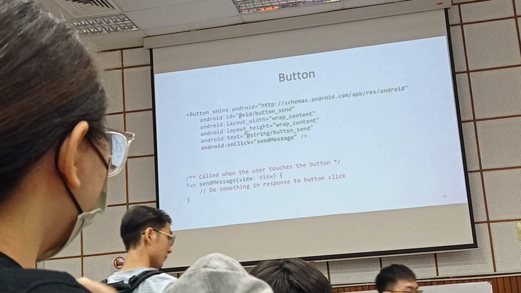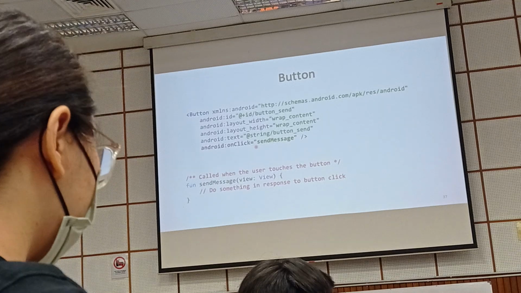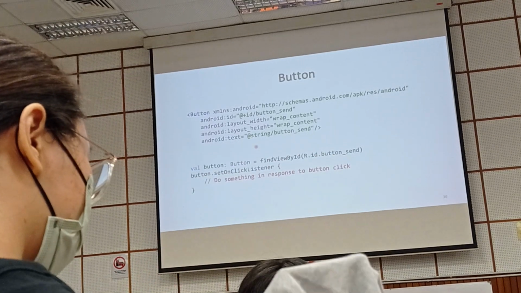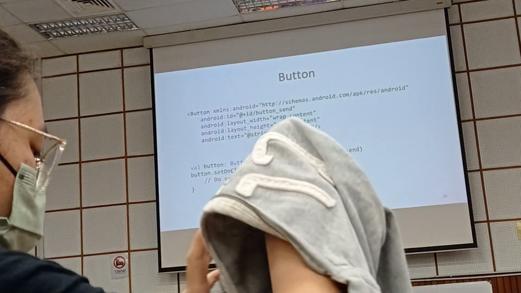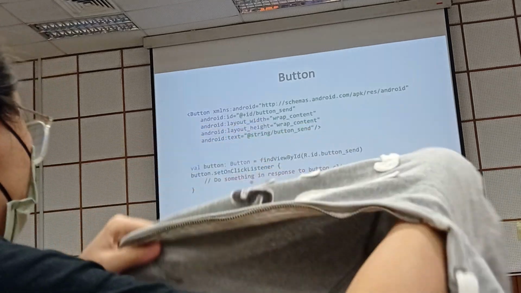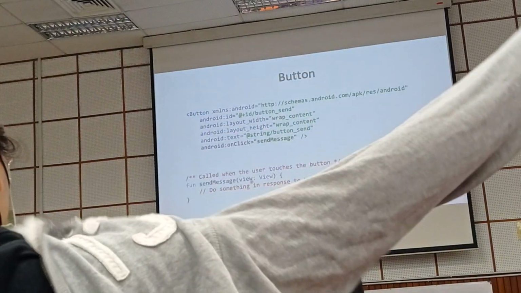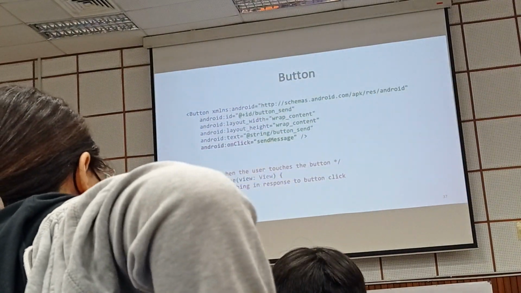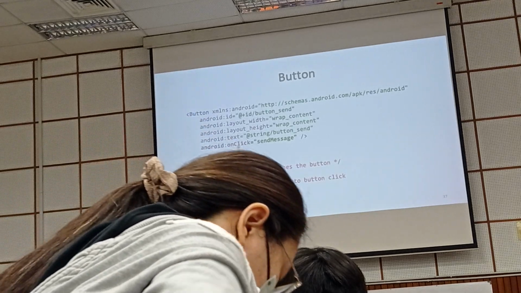Is this easier, just defining onClick, or the previous one? Maybe you get used to this way. As for this one, you define it during design time.